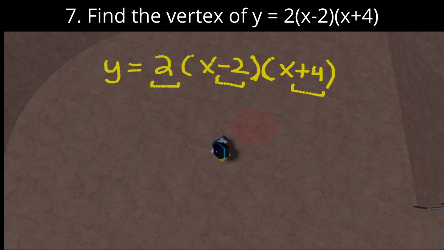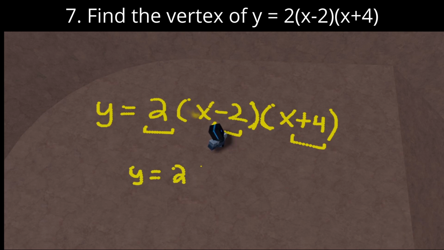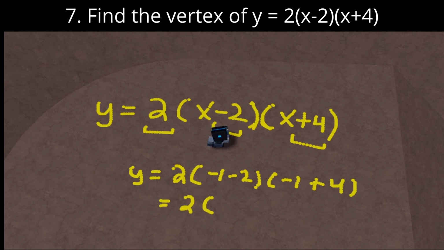And then now you can just plug it back into the equation to get the y-coordinate of this vertex. So let's plug that in. We have 2 times minus 1 minus 2 times minus 1 plus 4. And this is just equal to 2 times minus 1 minus 2 is minus 3. Minus 1 plus 4 is just positive 3.